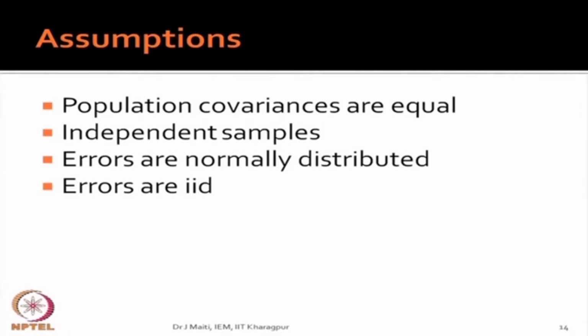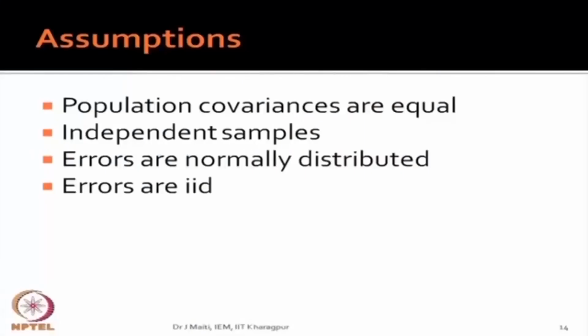Independent sample means that officers, maintenance workers and operations workers are independent. When you are capturing data from the officers group, this is not influenced by the operations workers' responses, they are totally independent. That is the first one.